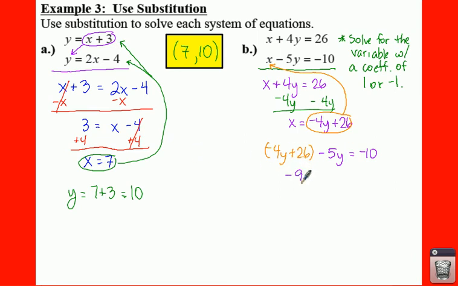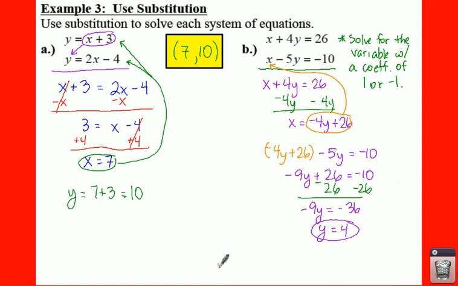This will give you negative 9y plus 26 equals negative 10. And we solve this two-step equation. So let's subtract 26, and you get negative 9y equals negative 36. y is going to be equal to 4. So that's half your answer.